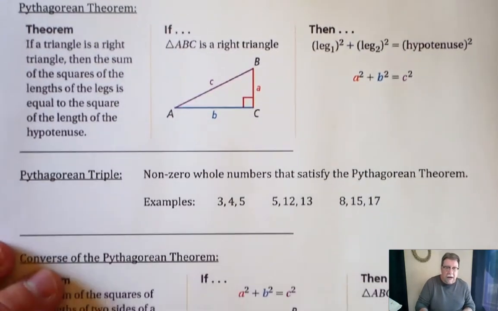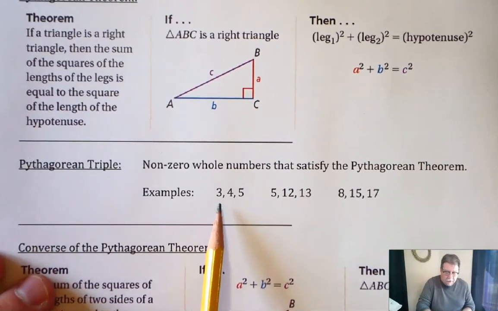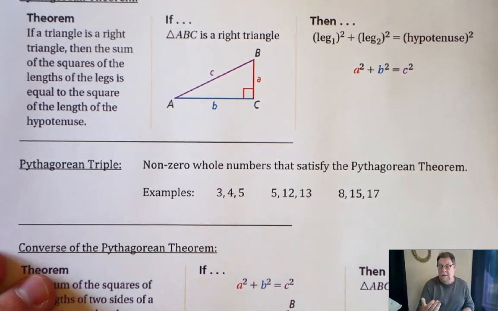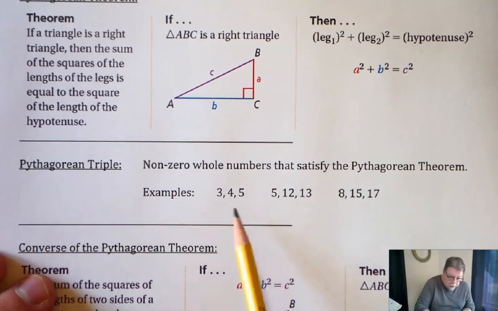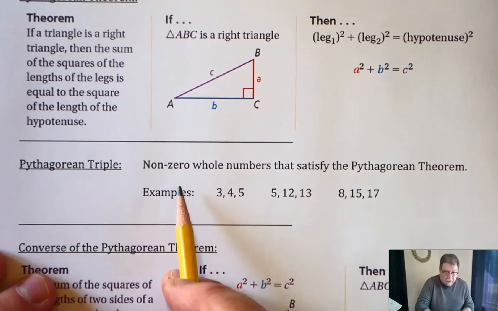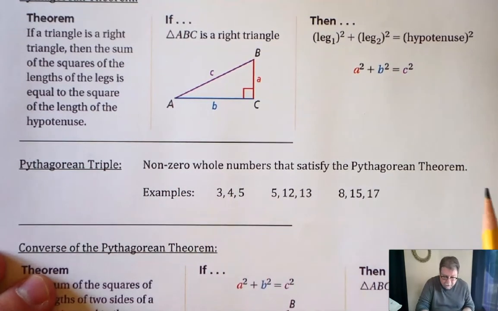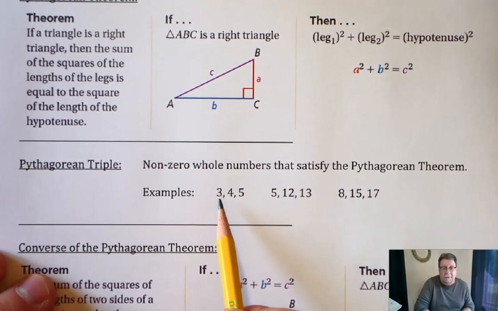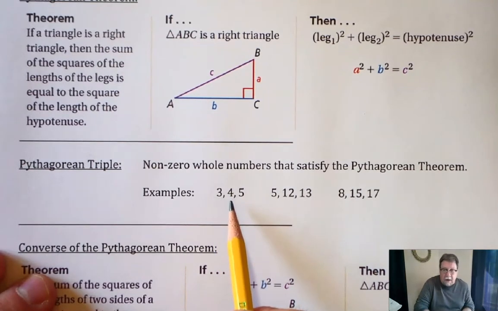We have something called Pythagorean triples. A Pythagorean triple would be the three lengths of the sides of a triangle, with non-zero whole numbers, that satisfy the Pythagorean theorem. For example, 3 squared plus 4 squared is 25, and 5 squared is 25.